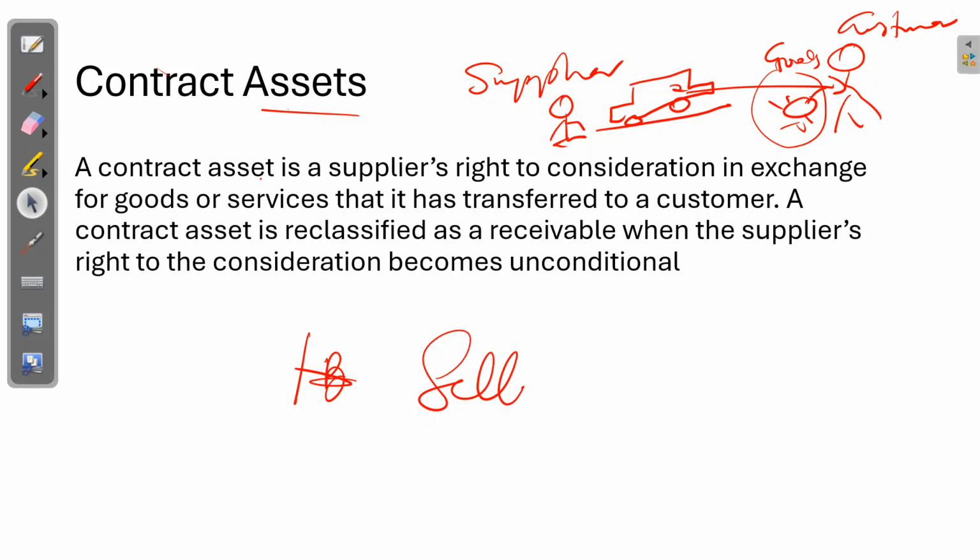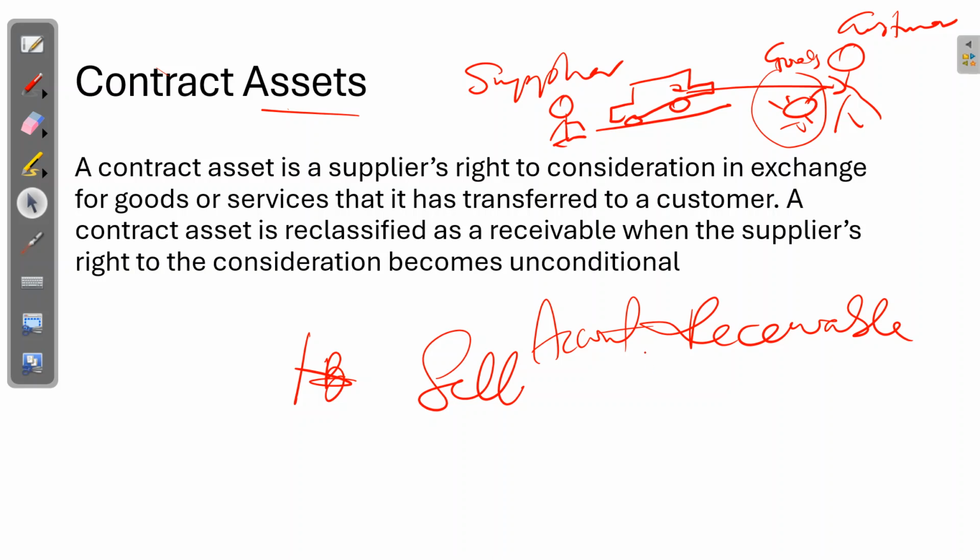But if we agree on the terms of the contract, and the customer has not paid but we have supplied, then it becomes a receivable. It becomes an account receivable or trade receivable.